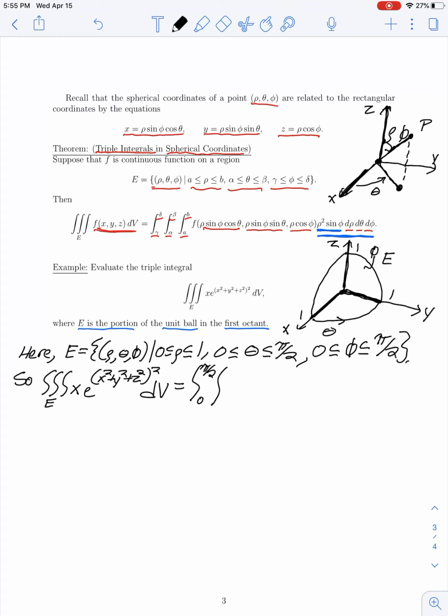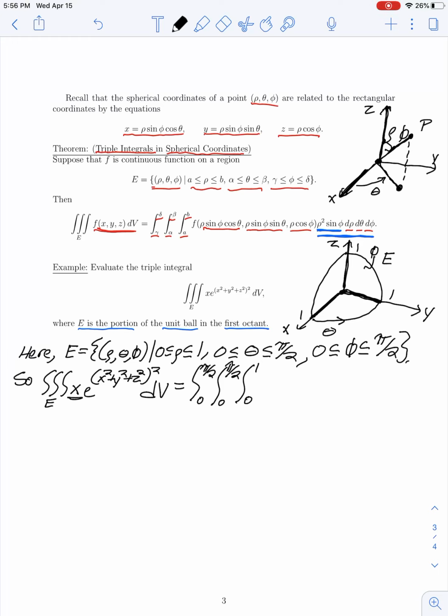For the next integral with respect to theta, we have a range from 0 to pi over 2 as well. And then for the innermost integral with respect to rho, we had a range from 0 to 1. Now here our integrand was x.